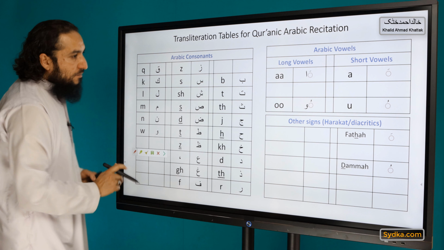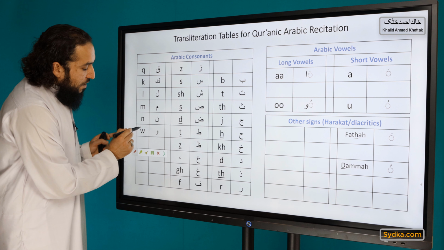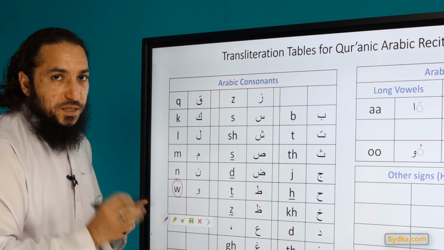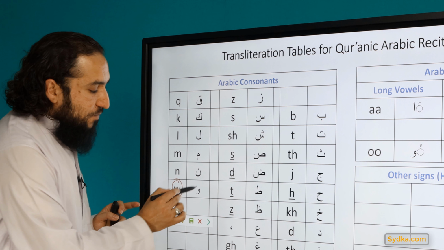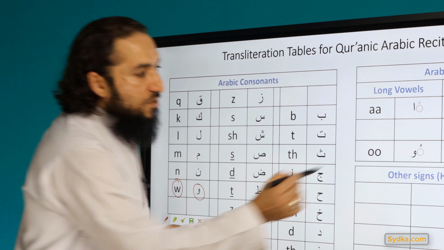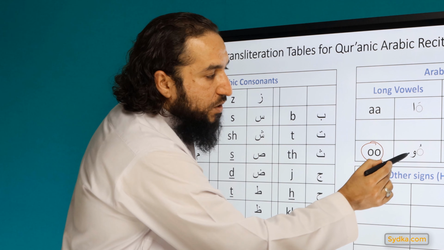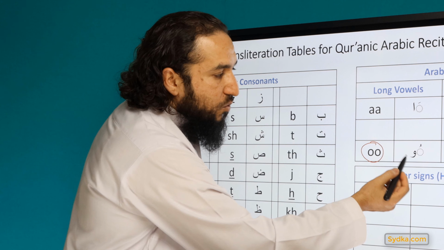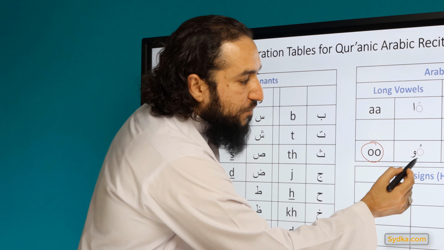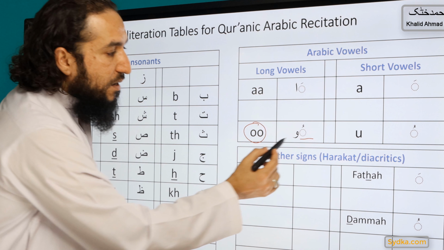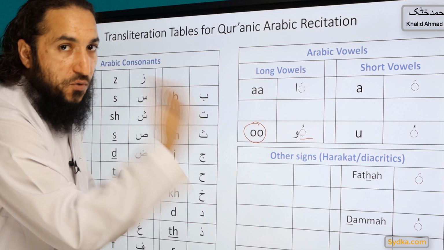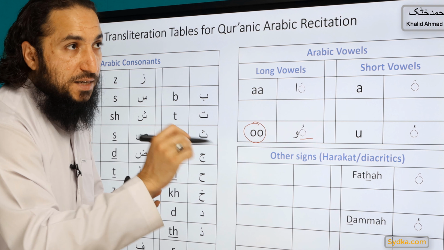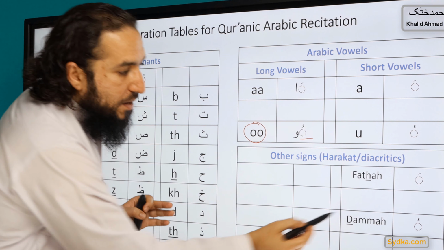Okay, let me explain that again. So W when it is used as a consonant, and double O when it is used as a vowel. When do we have this sound? Whenever in Arabic we have Waaw, and before that is a letter that has a dhamma. Dhamma is this sign.